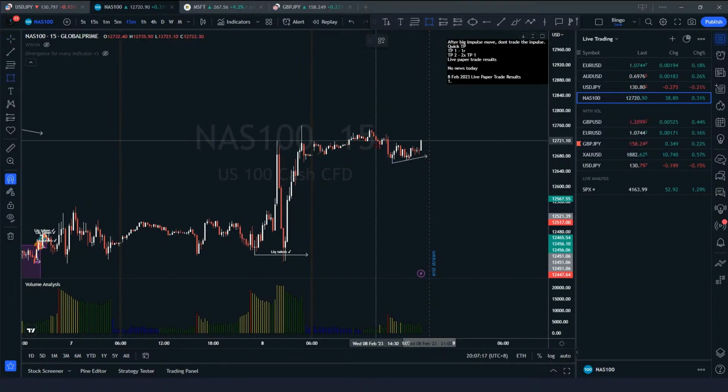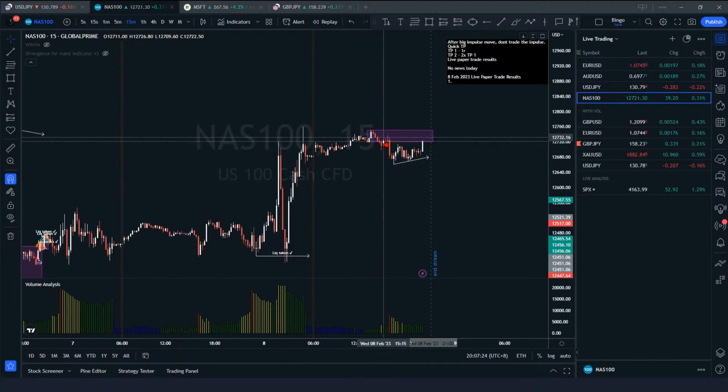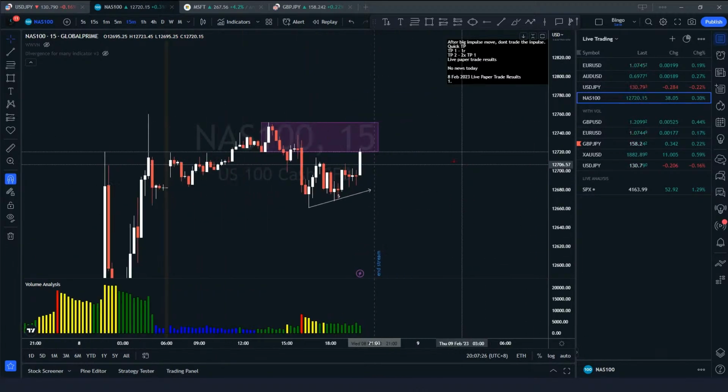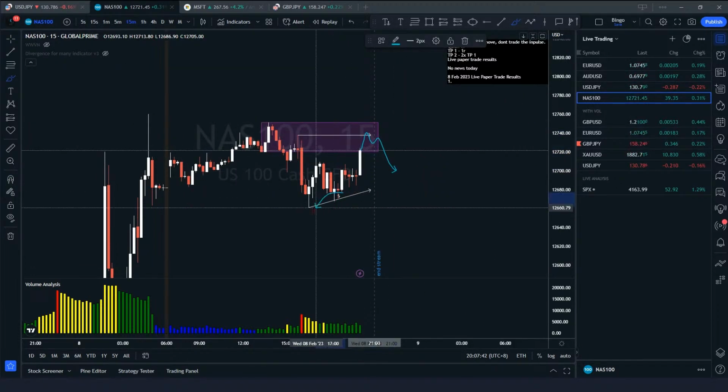This is a point of interest, but this is already mitigated. If I want to look for a short, I will want to see this high getting broken, I mean, take liquidity above this high before I look for a short into this area.